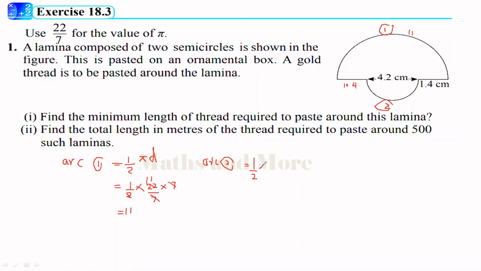Half into pi means I will directly substitute. Pi means 22 over 7. Diameter is 4.2. Cut this 2 with this 22, then 11.